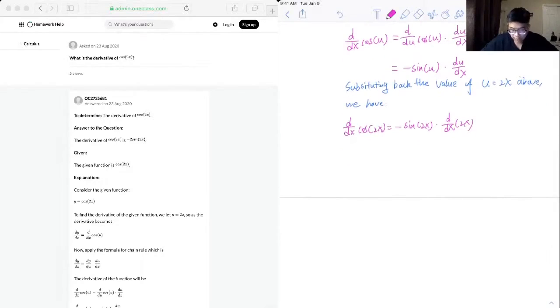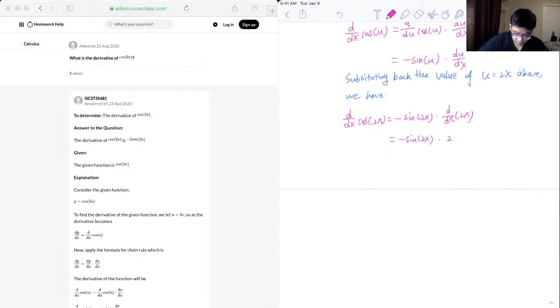And we know the derivative of 2x is just going to be 2. So this is equal to negative sine 2x times 2, and we take the 2 to the front, so it comes to negative 2 sine 2x.